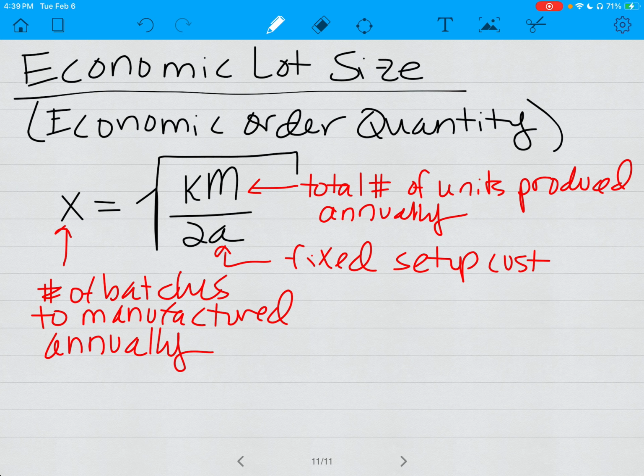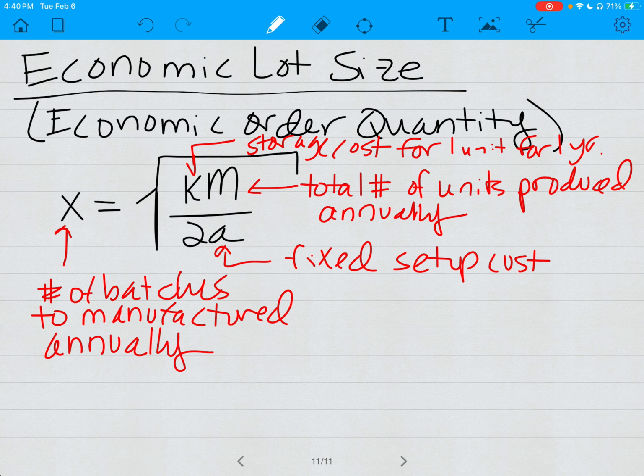And then k here, the lowercase k, represents the cost of storing 1 unit of the product for 1 year. Storage cost for 1 unit for 1 year. Okay, so that is our formula for determining this optimal number of batches to make. And those are the quantities we need to know. What is our fixed setup cost? How many units are we making a year? And what is the storage cost per unit for 1 year?